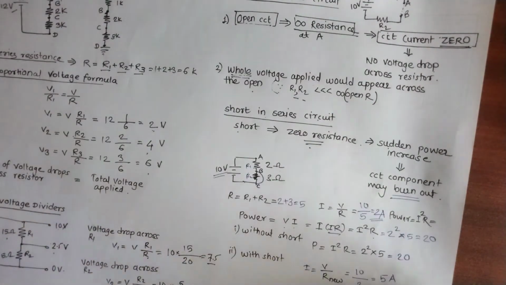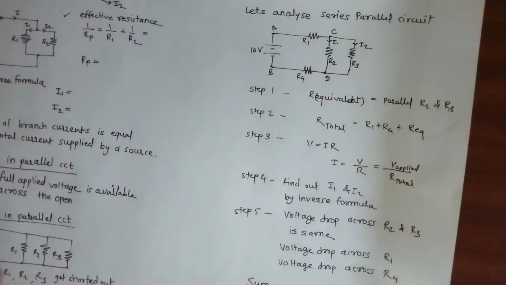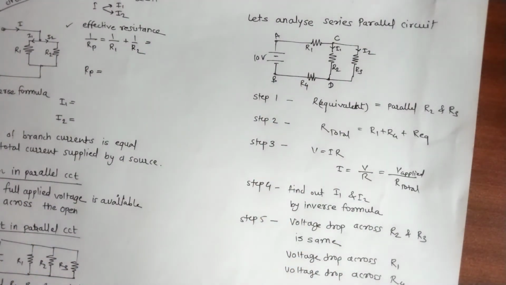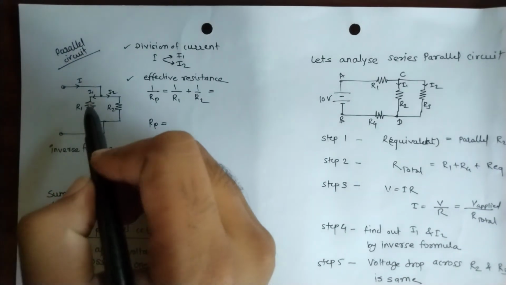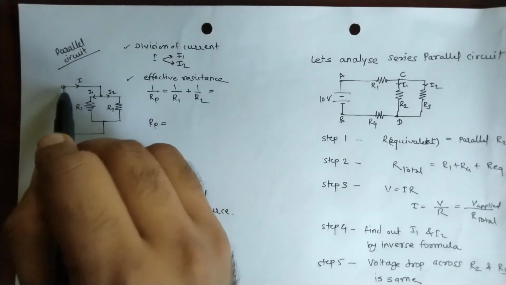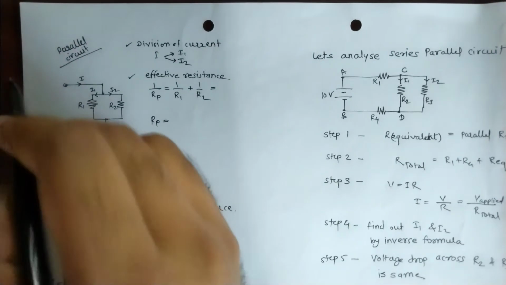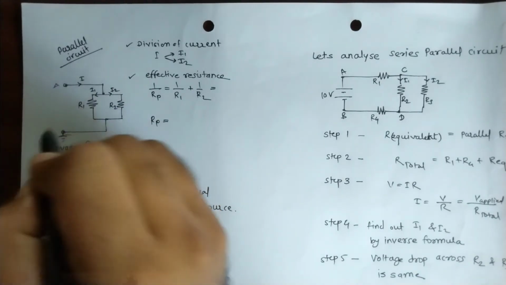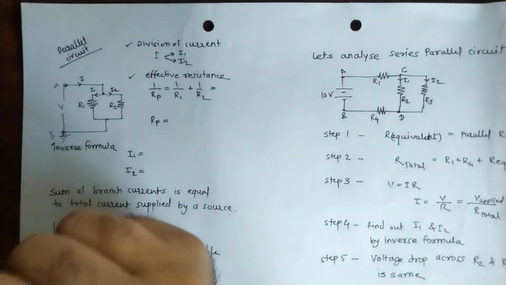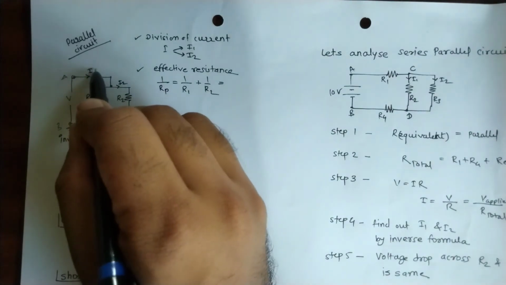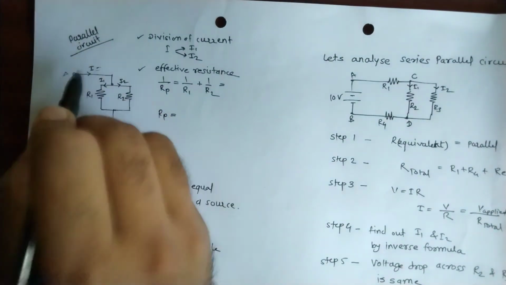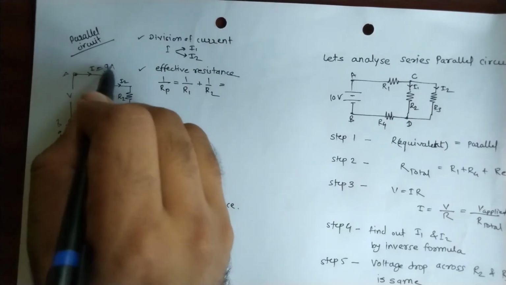Okay, so next we will move to the parallel circuit. What will happen in a parallel circuit, right? In the parallel circuit, we will take a diagram here. Let's say some voltage V is applied across point A and point B. I is the total current passing through it, let's say 9 ampere.